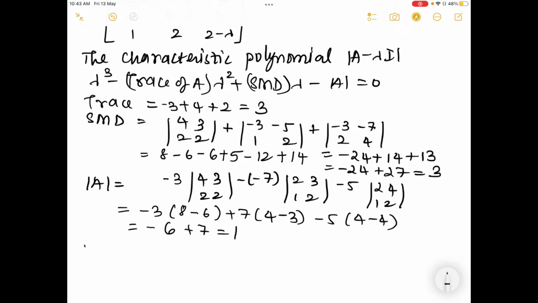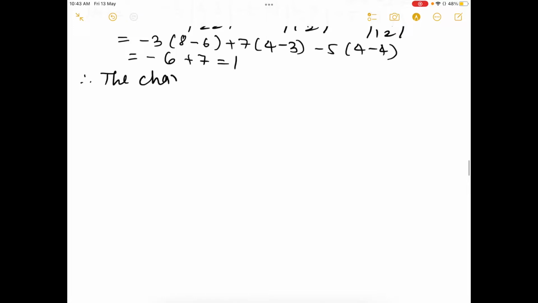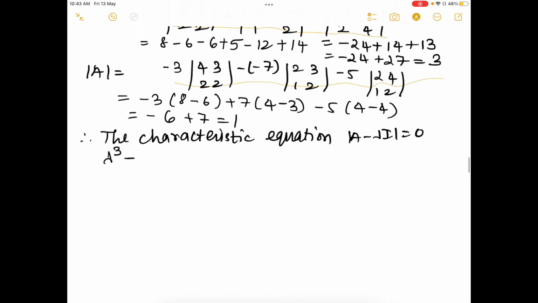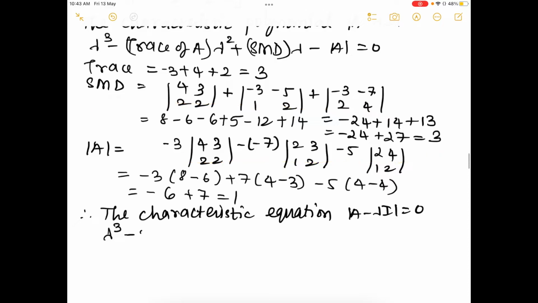So now we define the last important term here, which is the characteristic equation. The characteristic equation is defined as A minus lambda I equals 0, so mod of A minus lambda I equals 0. That will be equal to lambda cube minus trace of A, which was 3, lambda square, plus SMD, so plus 3 lambda, minus determinant of A equals 0.